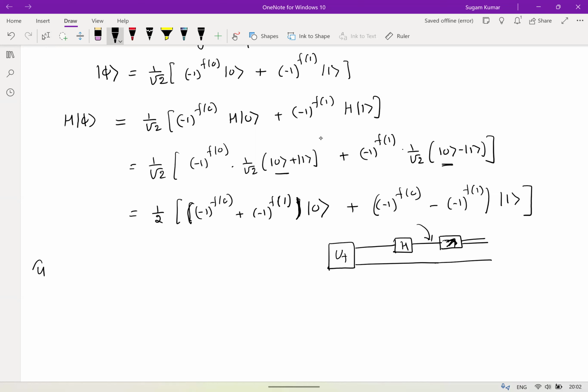So let me first do the measurement, then I will again come back to this interference and explain how the interference looks. So the measurement, the last step.